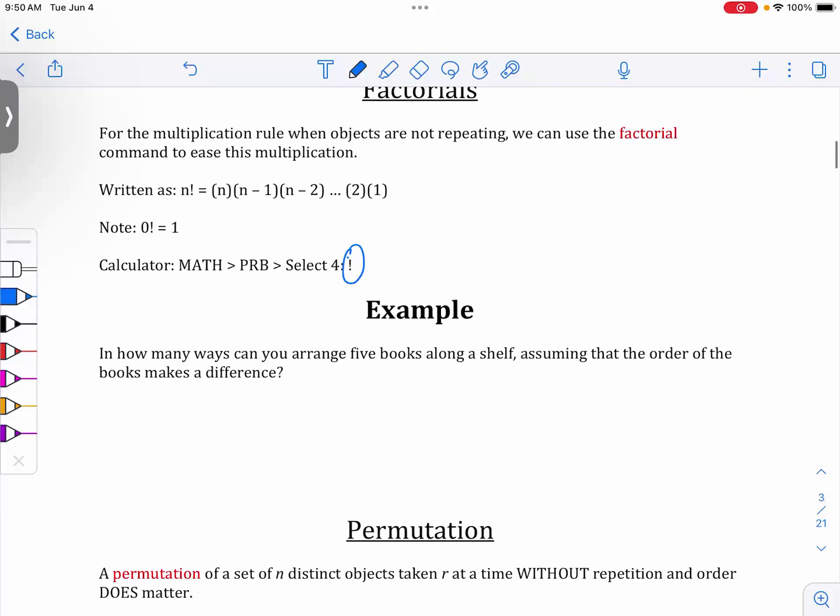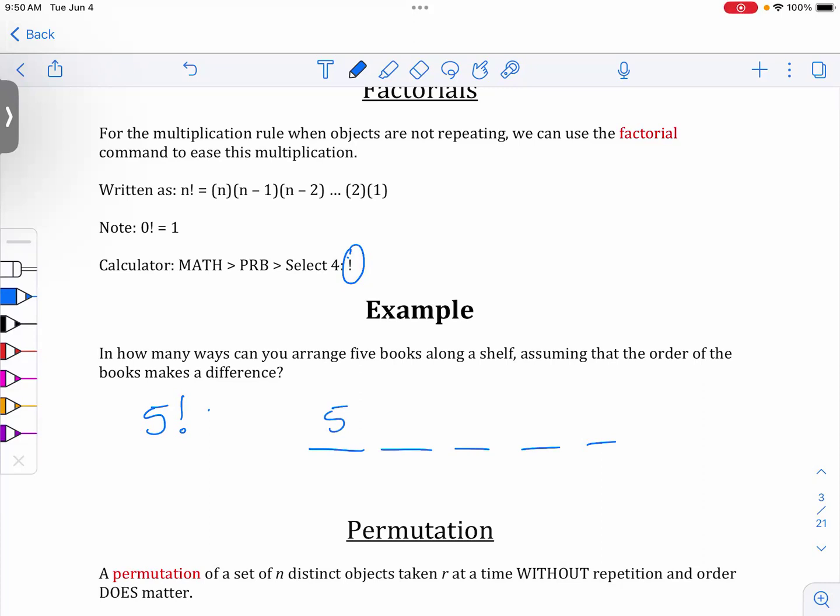Let's look at an example here. In how many ways can you arrange 5 books along a shelf, assuming that the order of the books makes a difference? So the fast thing to say here is that this is 5 factorial. And what that means, I can also do what we call the blank method. You have 5 spots. In the first spot, I would put one of the 5 books.